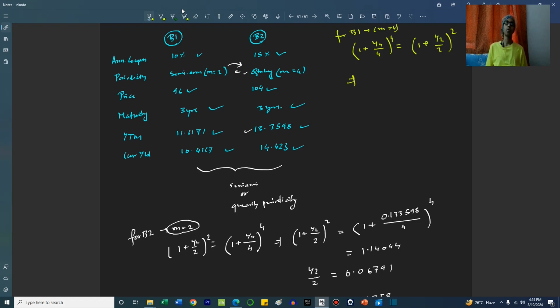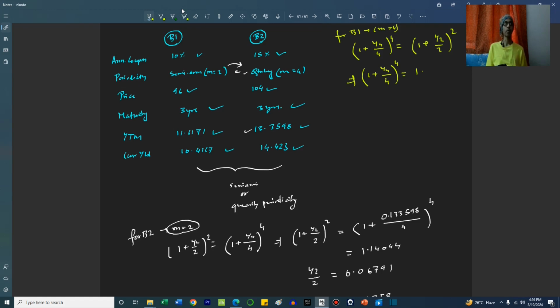This is equal to 1 plus y 4 by 4 whole to the power 4 is equal to, we just have to divide it by 2, the percentage terms of it. So 0.116171 divided by 2 plus 1 whole square.